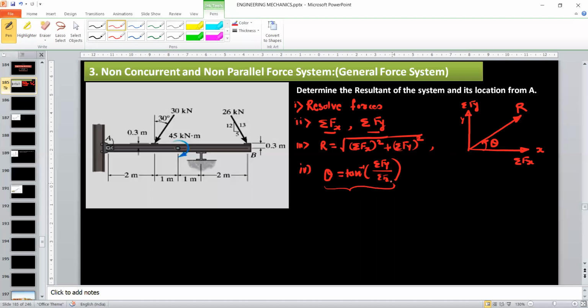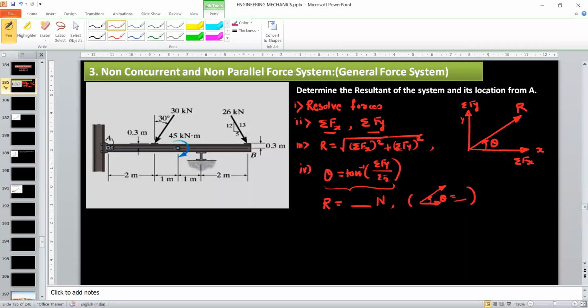So this is the direction of the resultant. After that, you can represent the resultant as R is equal to its magnitude in Newton or kilonewton, and then give the proper direction. If the direction is in the first quadrant, you will specify theta is equal to. So this is the resultant calculation.